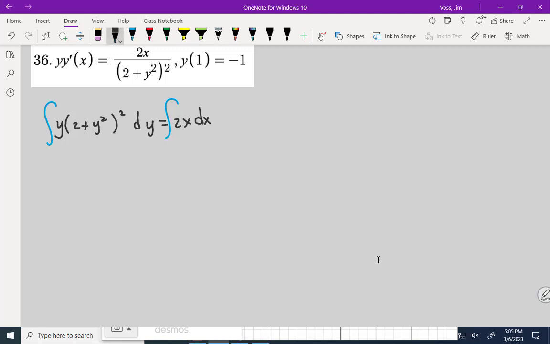Now on the left side, we have a lot of multiplication we have to do here. So this is going to be FOILed out. So that's going to be y to the 4th multiplied by y is y to the 5th. And then the middle term here is going to be 4y squared, so 4y cubed. And then the last term here is 4 multiplied by y, we get 4y. And over here, we get x squared plus c.